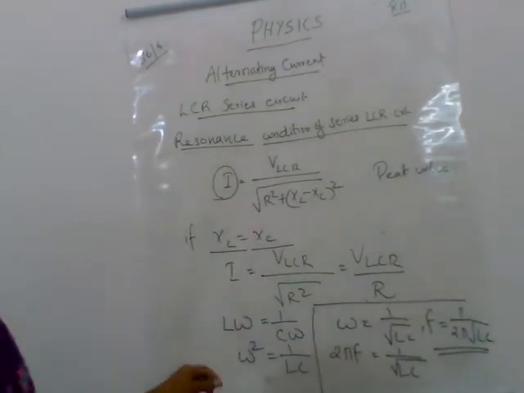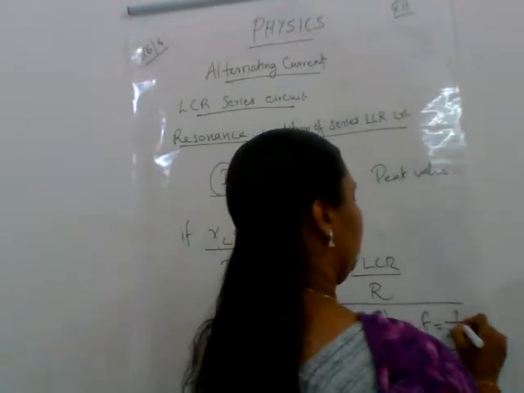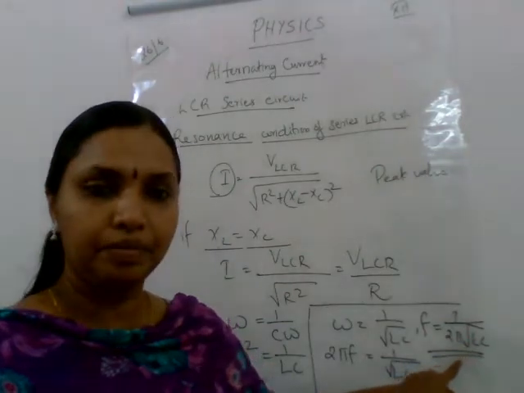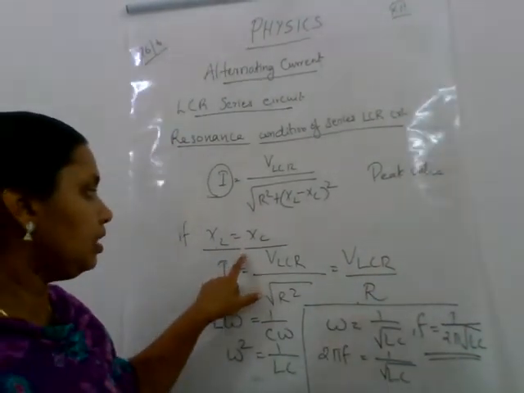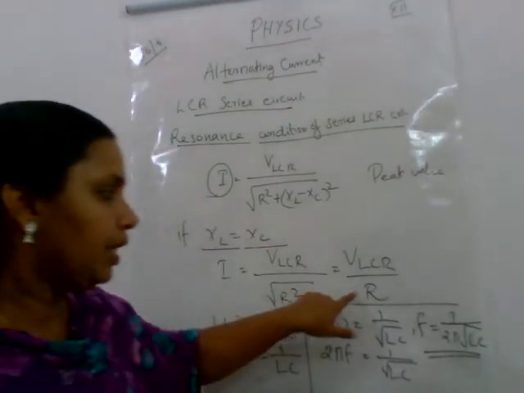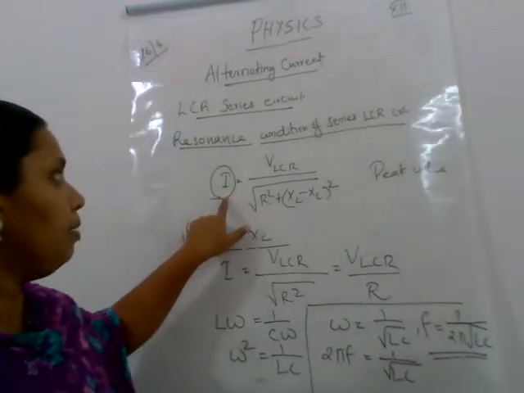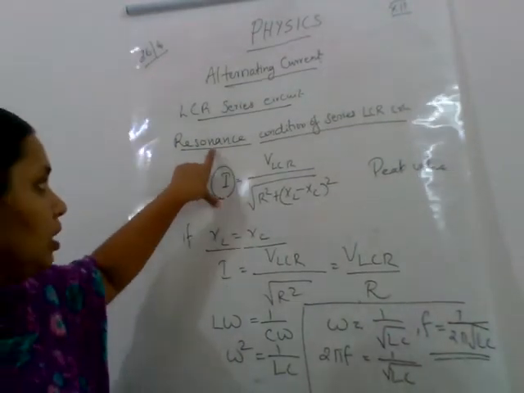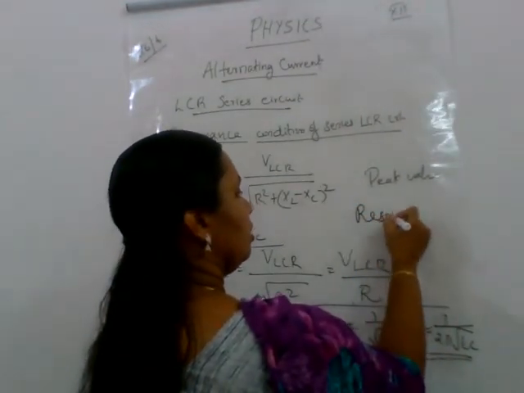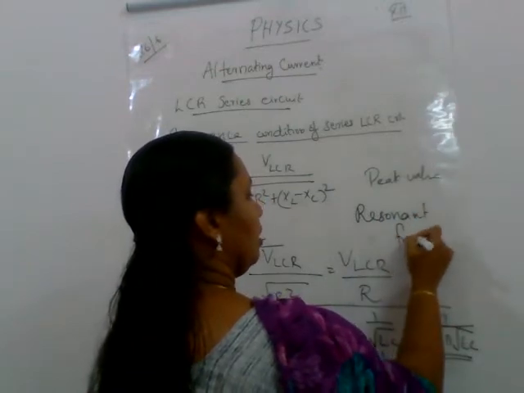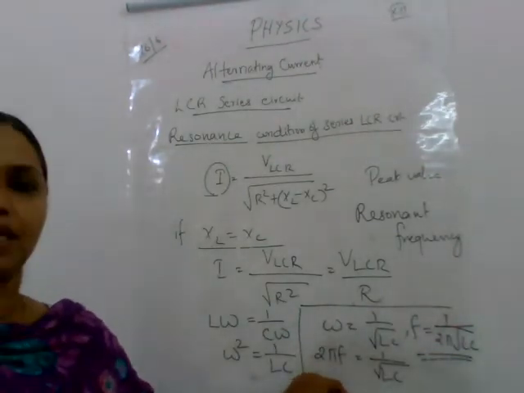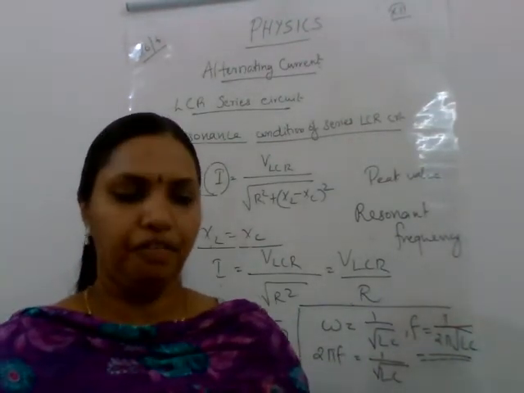So if the wave has this frequency, f is equal to 1 by 2 pi root LC, in such a case the series LCR circuit has XL and XC equal. So impedance will be minimum and there will be maximum current. That condition is known as resonance, and this frequency is known as the resonant frequency. The condition is resonance and the frequency is the resonant frequency.